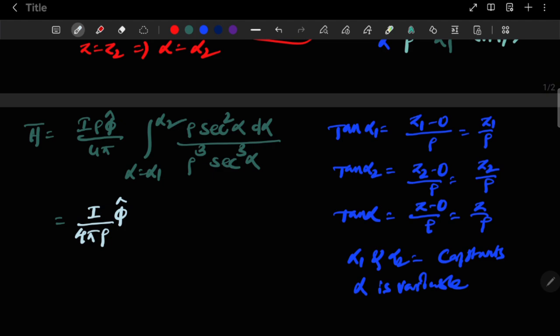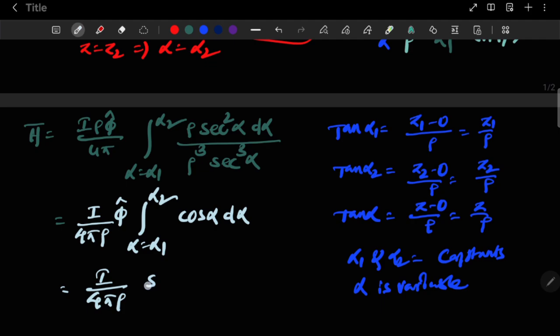It is phi cap. Now here integration is to be done with respect to alpha, for 1 by secant means a cosine function, cosine alpha d alpha. So it is equal to I by 4 pi rho cos alpha, integration is sin alpha. If you substitute the limits, you will get sin alpha 2 minus sin alpha 1 into phi cap. This is the total h bar.